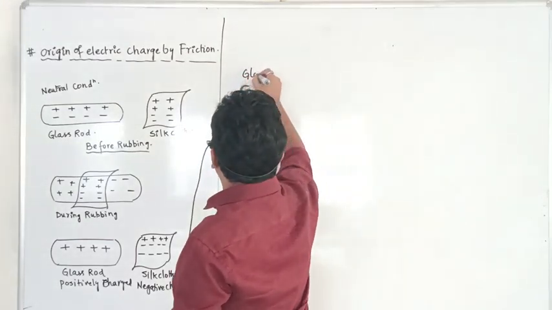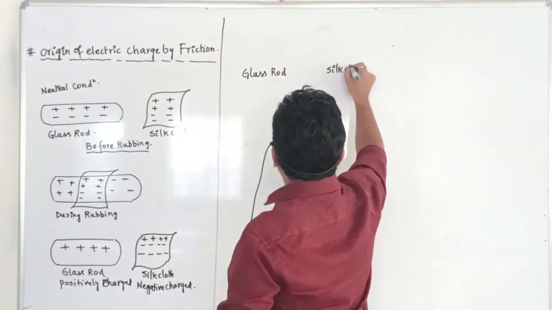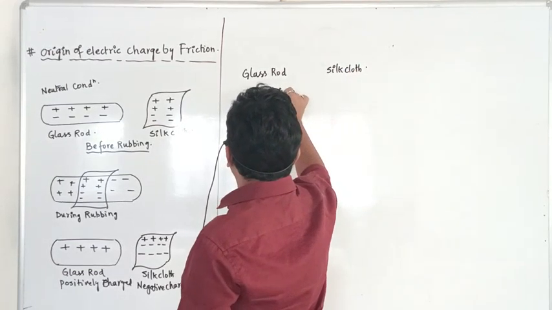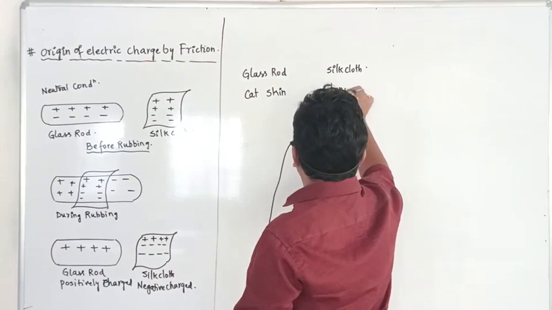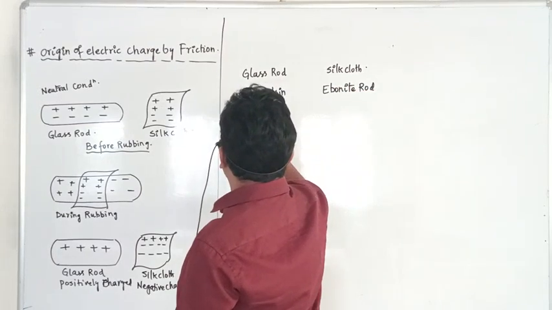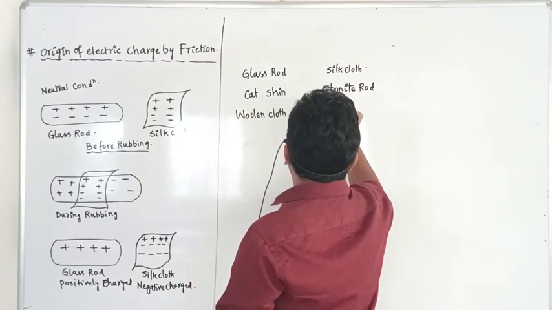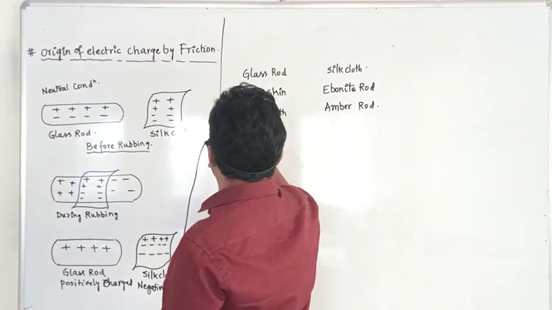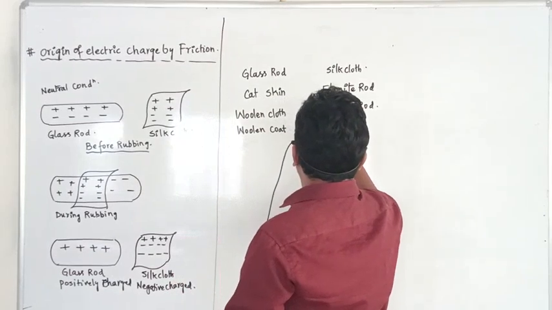The glass rod rubbed with the silk cloth, then the cat skin rubbed with the ebonite rod, and next the woolen cloth rubbed with the amber rod, and the last one, the woolen coat rubbed with the plastic rod.